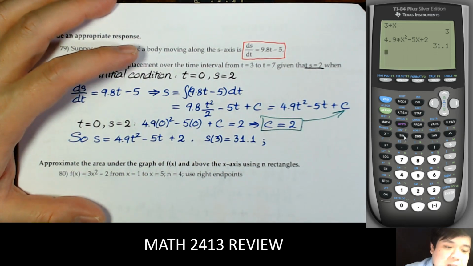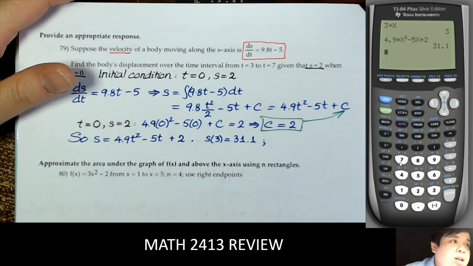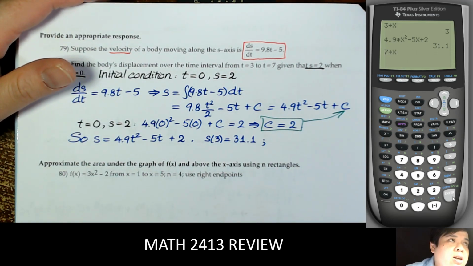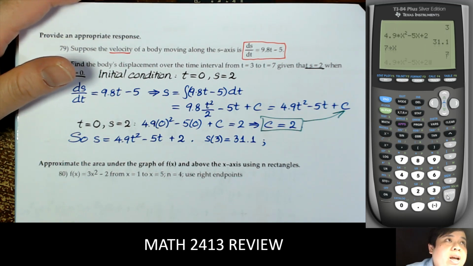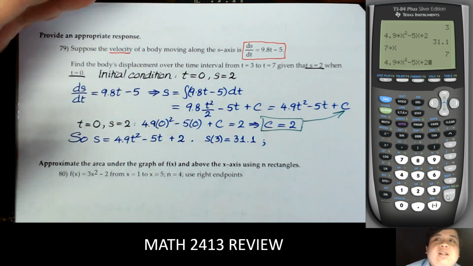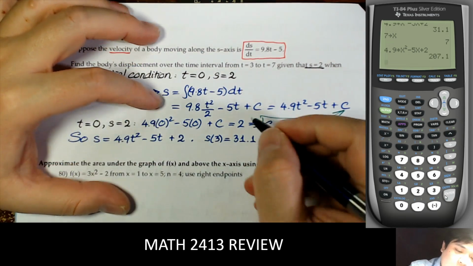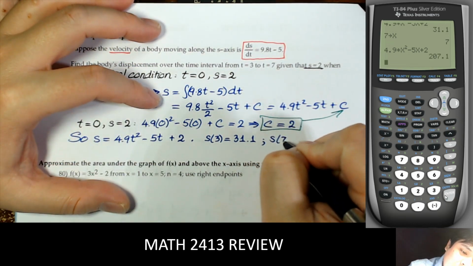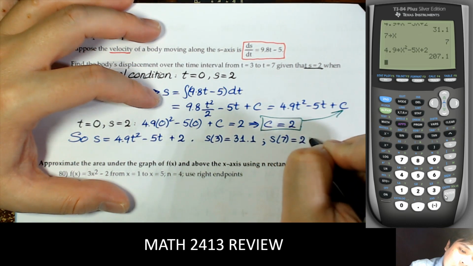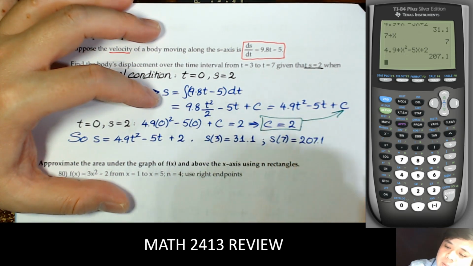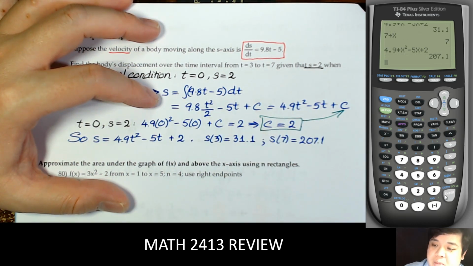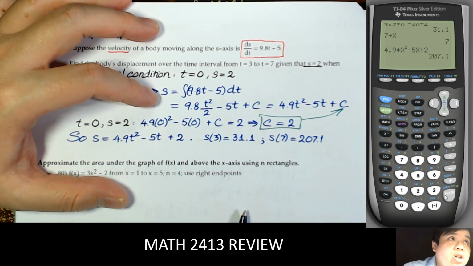and then we do the 7, store it into x, and then go up, highlight the equation, and copy and paste. Just hit enter and it will copy and paste down, and that's 207.1. And then for the displacement, we're just going to subtract these two.